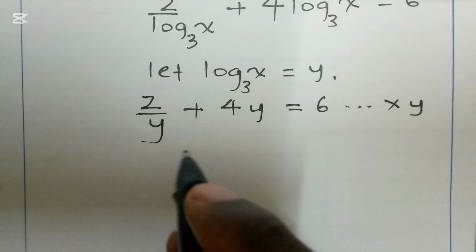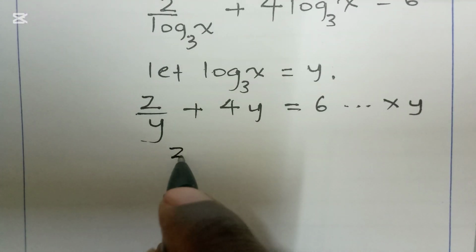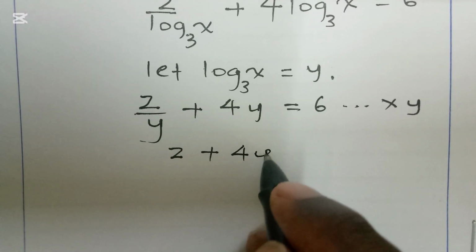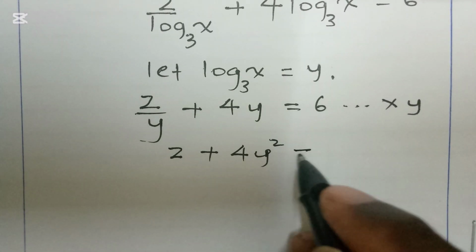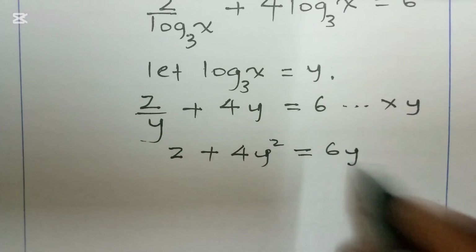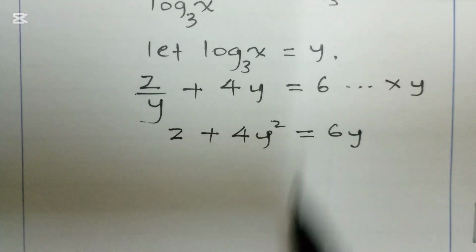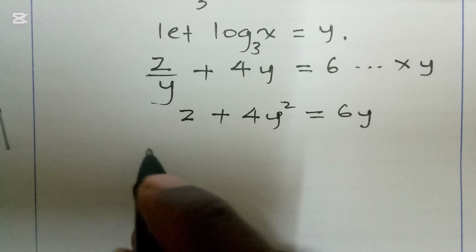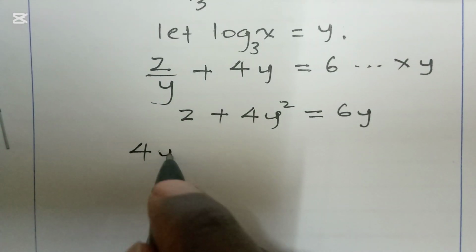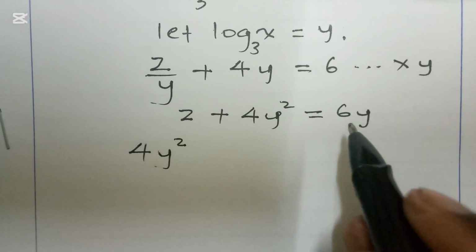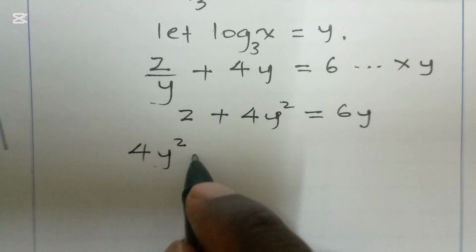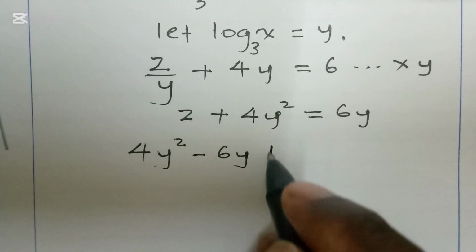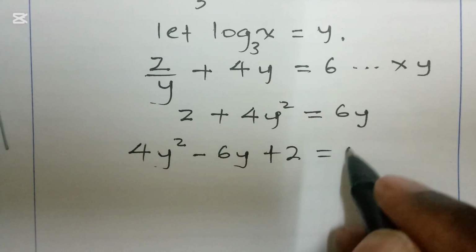So we shall have 2 plus 4y squared equals 6y. So we shall have our quadratic equation as 4y squared minus 6y plus 2 equals 0.